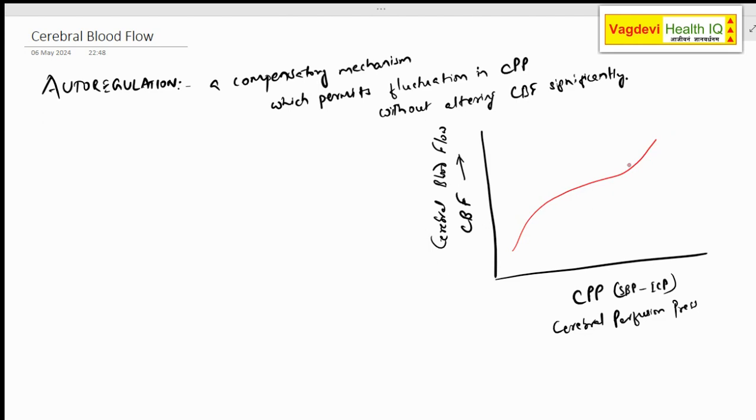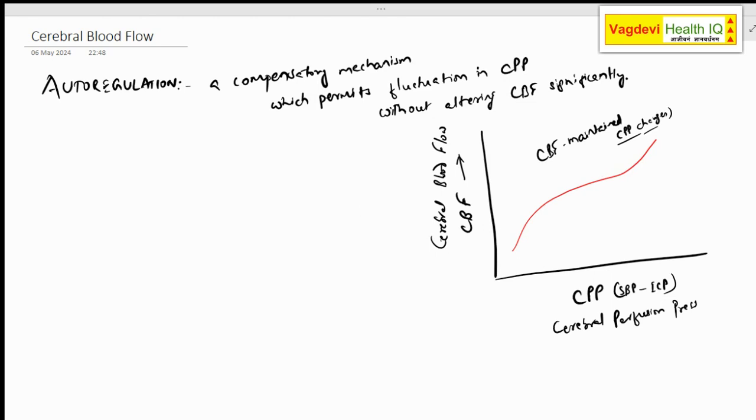It's not a straight line. So blood flow is maintained. Cerebral blood flow, CBF, is maintained even though there are changes in the CPP.